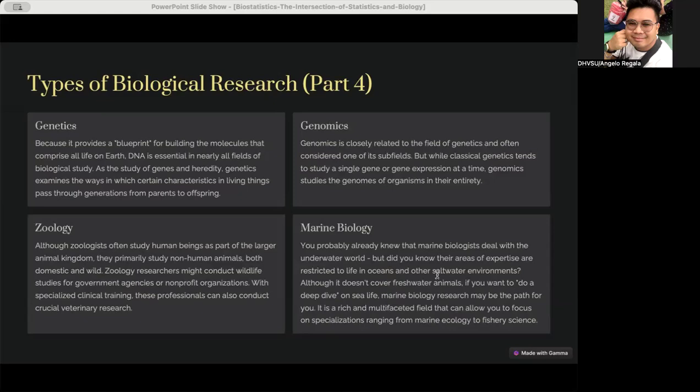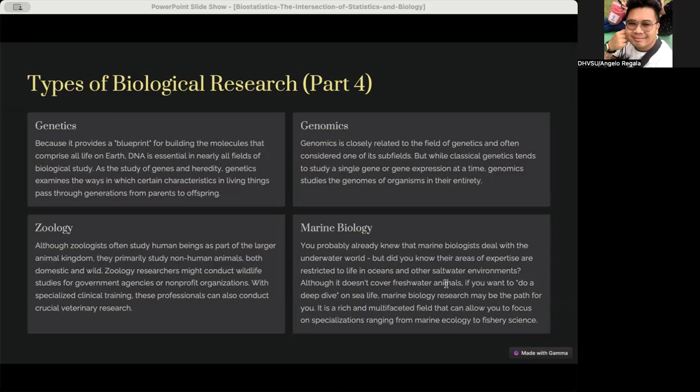Zoology, as you know, is the study of animals. Zoologists often study humans as part of the larger animal kingdom. However, when we talk about zoology, we're not only talking about humans, but also non-human animals, both domestic and wild.